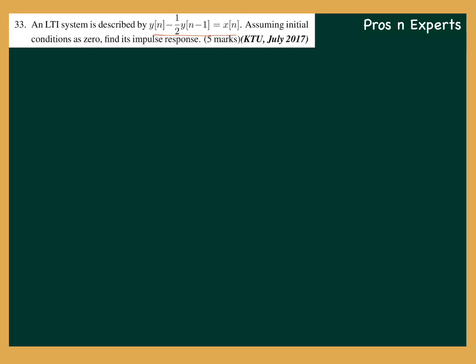So applying Z transform will be the simplest method of solving this problem. Z transform. Okay. You know what Z transform is? You need to know what Z transform is, and also the time shifting property of Z transform. What does it say?